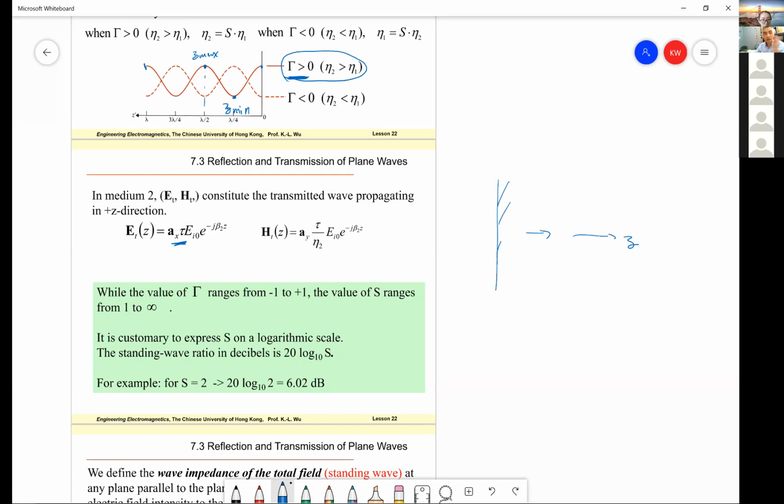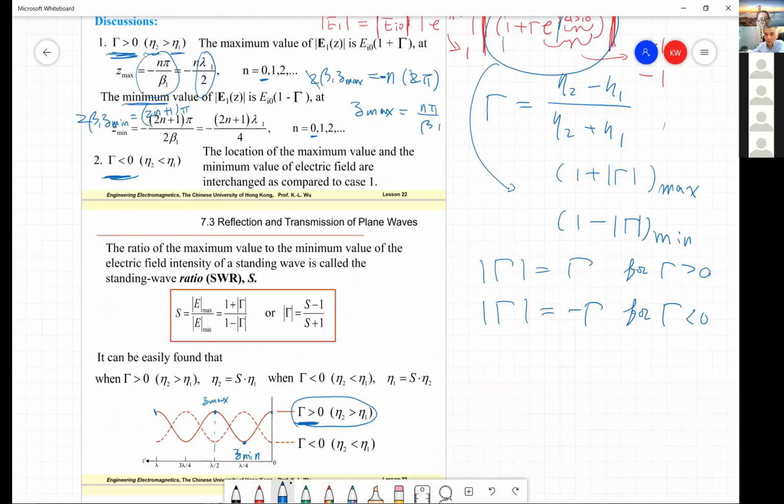So this wave is a traveling wave. When we see only one exponential term, this must be a traveling wave.